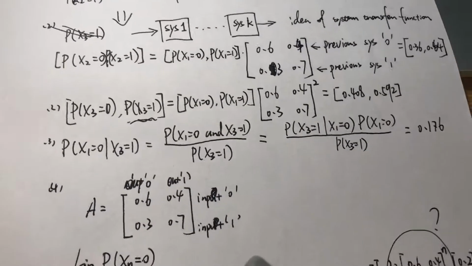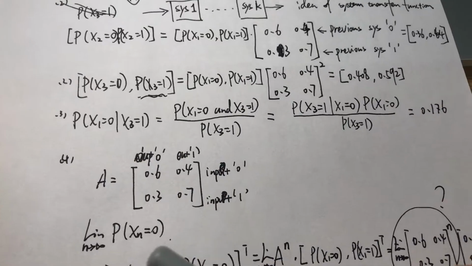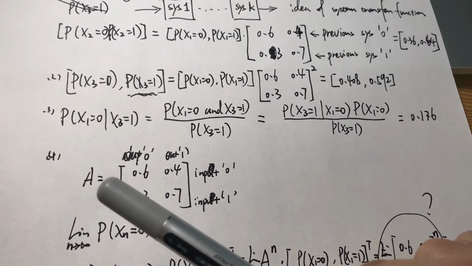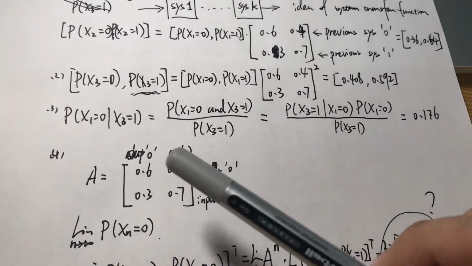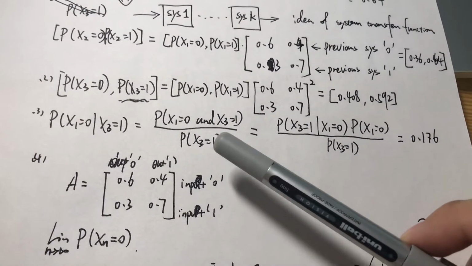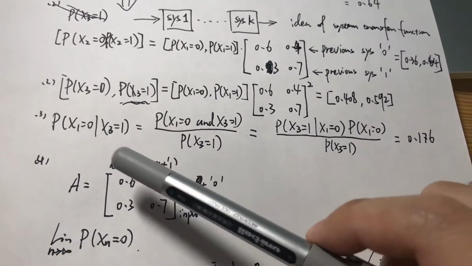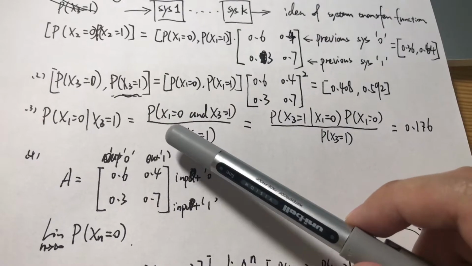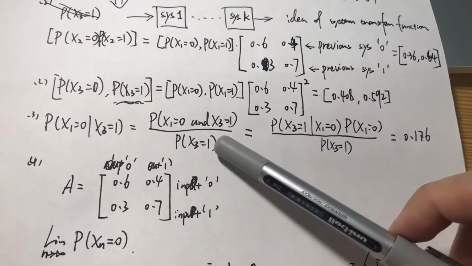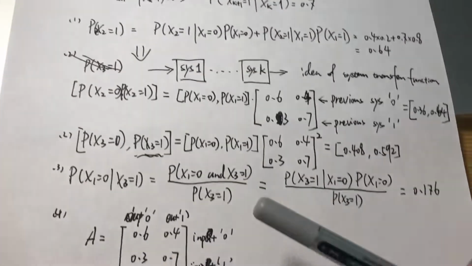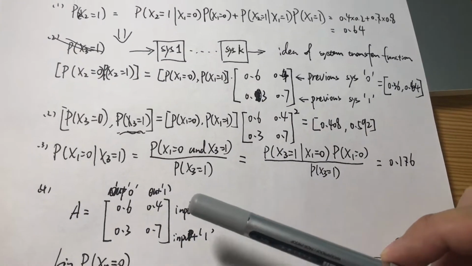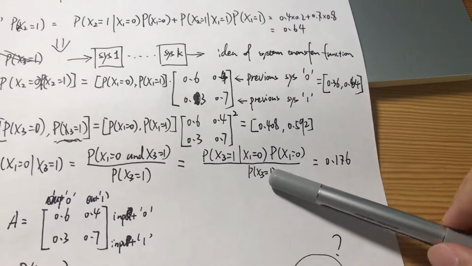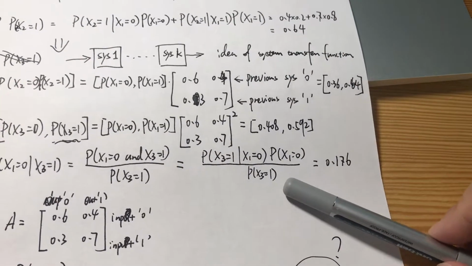So the result of the second question, the probability of x3 equals 1, is 0.592. The next question asks about the probability of x1 equals 0 given that x3 equals 1. We know this probability equals the probability of x1 equals 0 and x3 equals 1 over the probability of x3 equals 1, and we can rewrite it into this form.